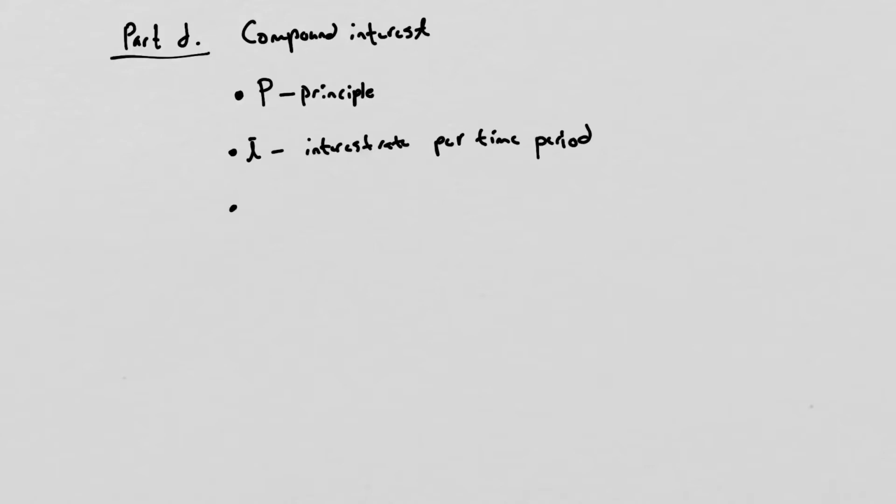And the other common object that we're going to be looking at is amount of money gained per time period. So this is going to be our principal times our interest.